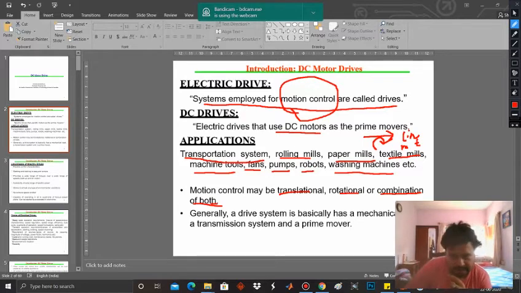So these two types of motions are possible, and basically these type of motions can be modified by using a gear system or a transmission system. And I have shown that suppose there is a modified load where a gear is used, and with the help of a gear we are varying the teeth ratio.